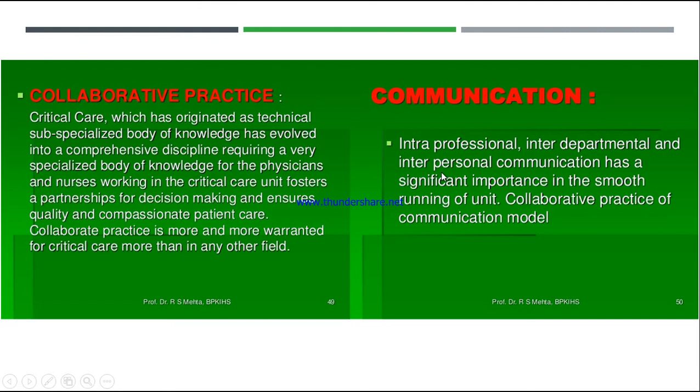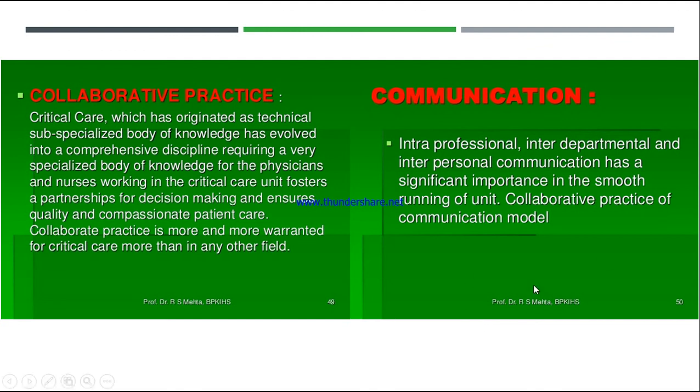Next, communication. As a nurse, you should have good communication, because communication is one of the most important principles in nursing. If communication is not maintained, or is not fully managed in the ICU, then there can be misunderstanding, and misunderstanding can lead to a lot of problems.